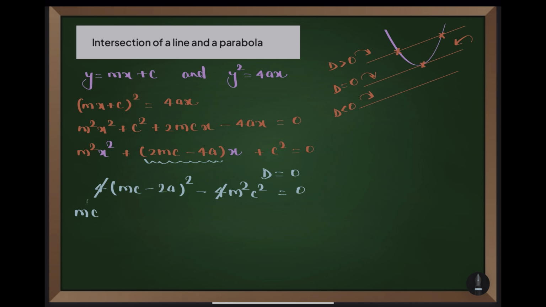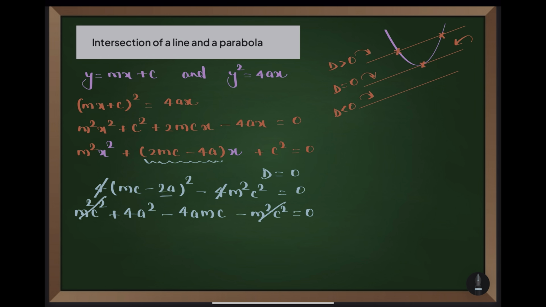So, m square c square plus 4a square minus 2amc minus m square c square. Now, you can simplify things. So, m square c square gone. This thing will become 4 because it is 2ab now.